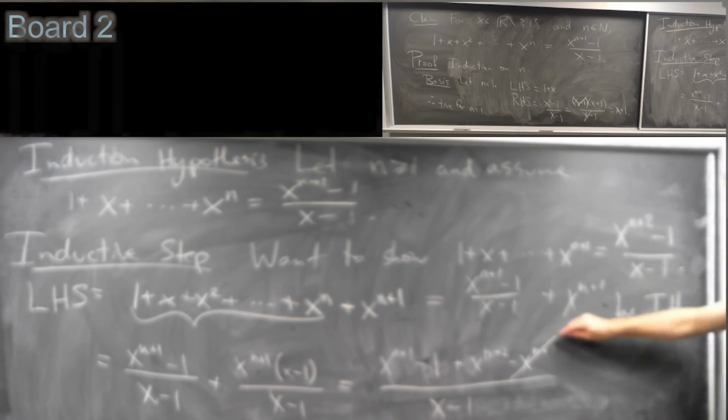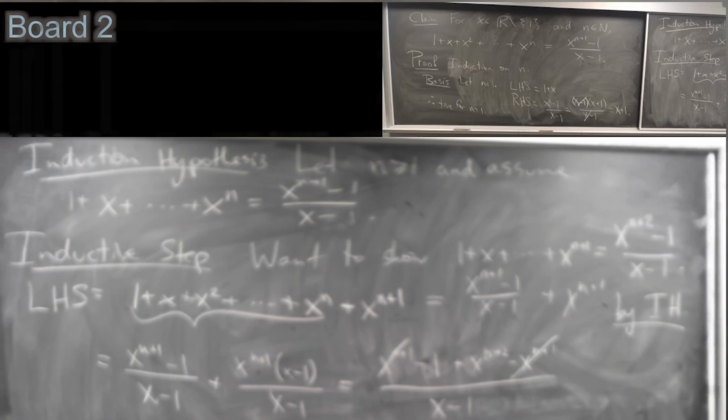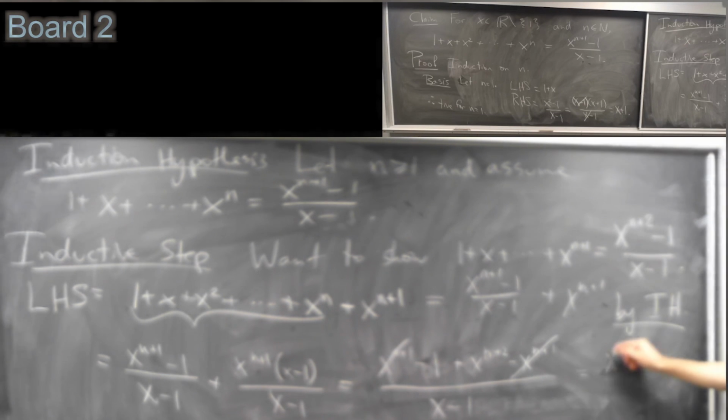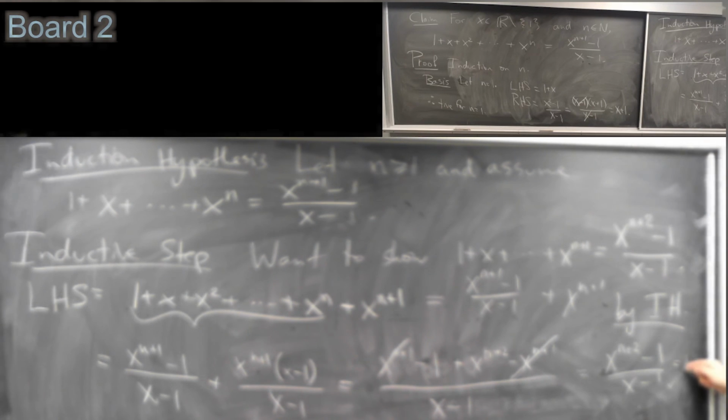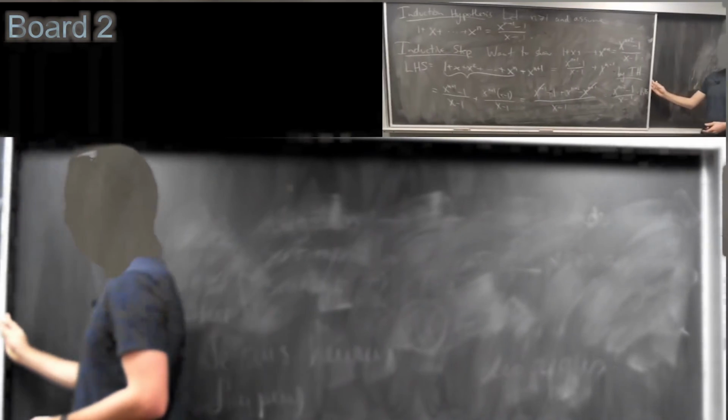And magically, this cancels with that, right? And I'm left with exactly what I wanted, which is equal to the right-hand side. Okay, so I've proven the left-hand side equals the right-hand side. So that actually does the inductive step. We now have the conclusion.